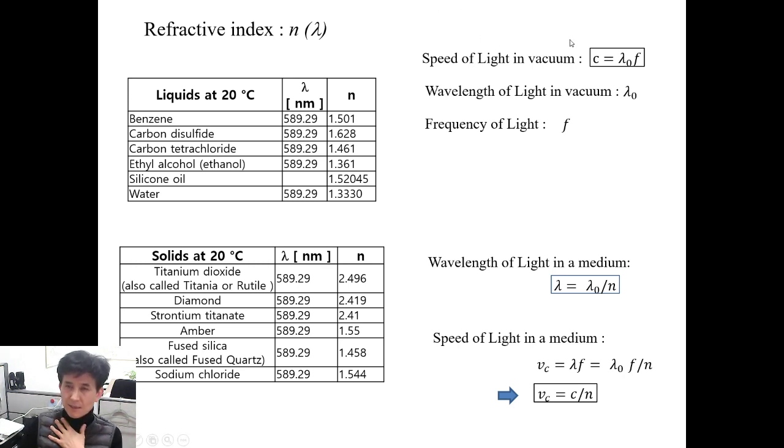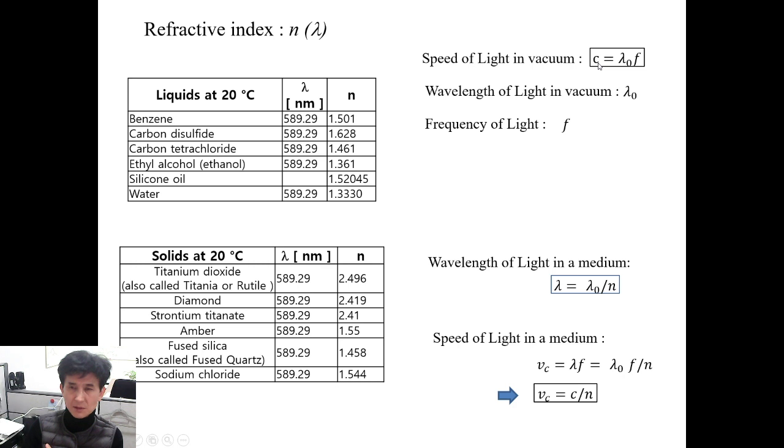So lambda times f, by its meaning, becomes the speed of a wave, especially for light.